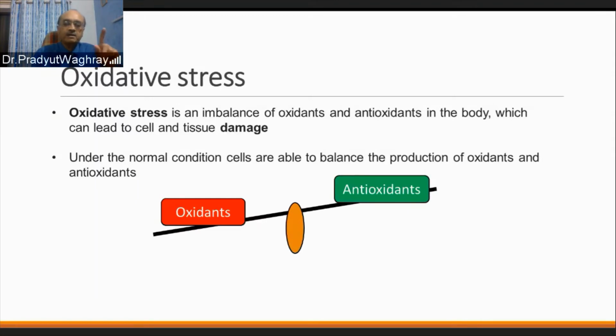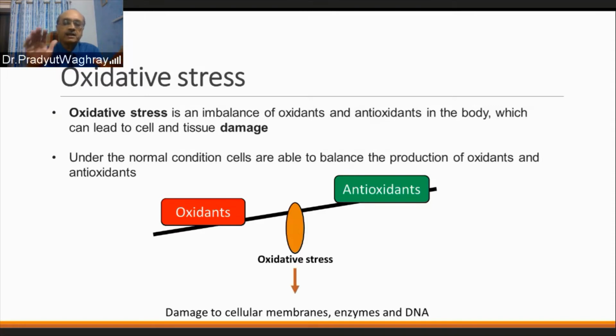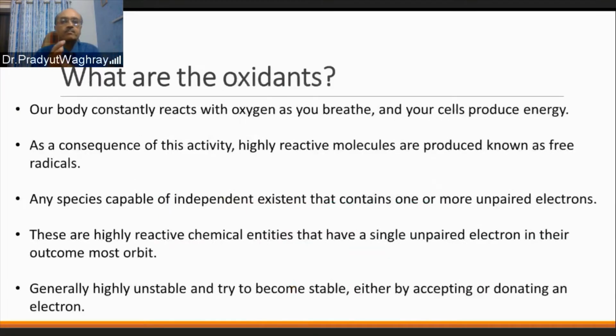But once the body comes under stress, either some infection or inflammatory mechanism, oxidative stress develops. The oxidants increase and the antioxidants start to come down. That is when oxidative stress increases, causing damage to the cells and the tissues.